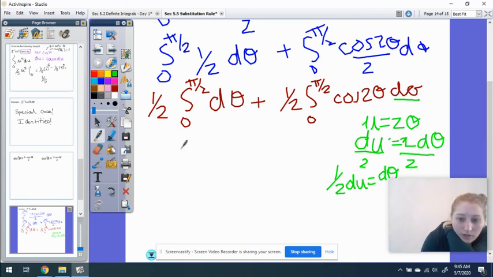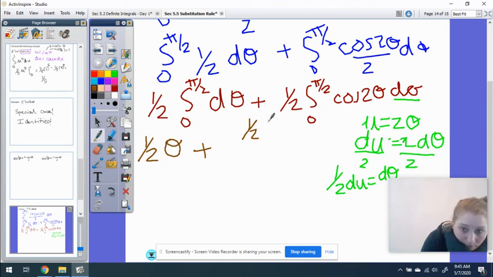And we are going to rewrite now. So I'm going to say 1/2. Integrating d theta is going to give me theta plus this 1/2. Okay, so this one, let me write this down first, because we have 1/2 and then we have 1/2 du. So we're going to say cosine u du.